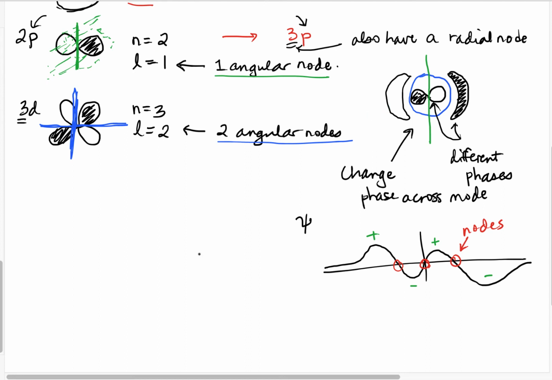Okay? So any p orbital that you draw, I don't even care what it is. You could draw an 18p orbital. I'm not going to because it would take up a lot of space. But we can think about it, right? What kind of nodes would it have? We would have a total number of nodes. Maybe 18 is kind of a little silly. Let's just do 8.